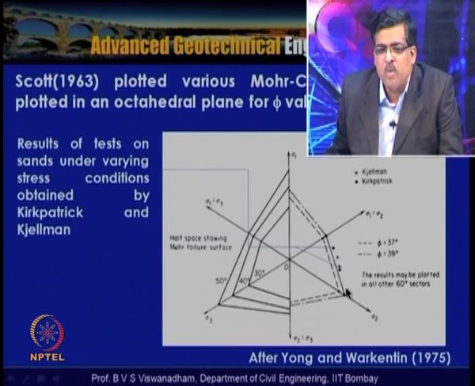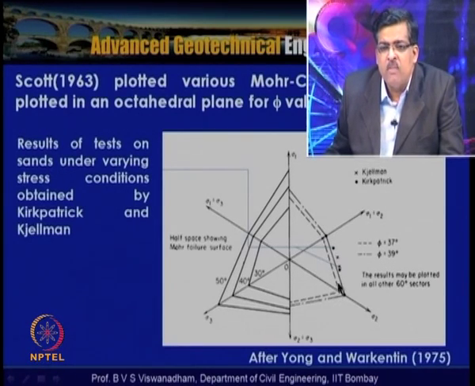As can be noted, the Mohr-Coulomb failure envelopes plotted by Scott and the measured values obtained by Kirkpatrick and Kesselman are found to be in good agreement for the values shown, phi equal to 37 degrees and phi equal to 39 degrees.